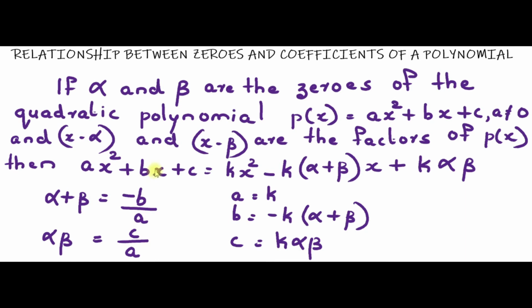That is minus of coefficient of x divided by coefficient of x square. Product of its zeros is given by alpha beta. Alpha beta is equal to c by a, that is a constant term c divided by coefficient of x square. So, you have to remember these two equations while you are going for the relationship between zeros and coefficients of a polynomial. Let's solve this by means of problems.